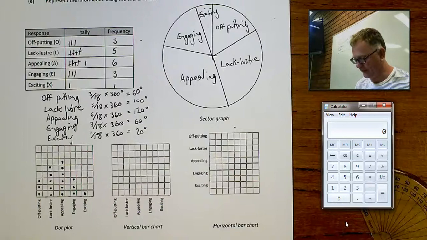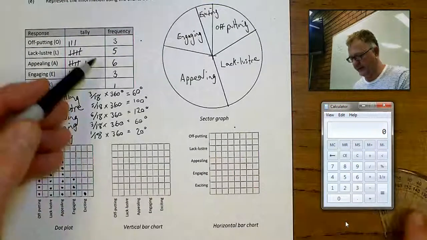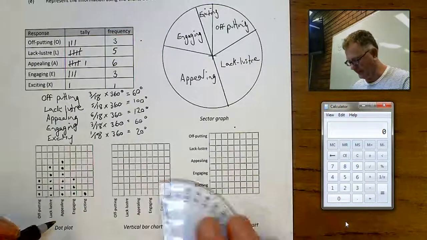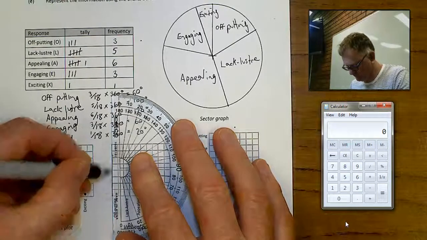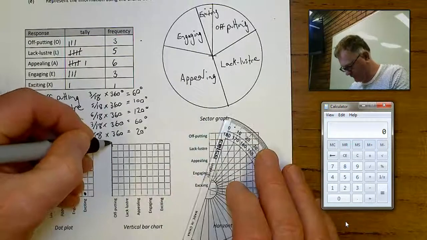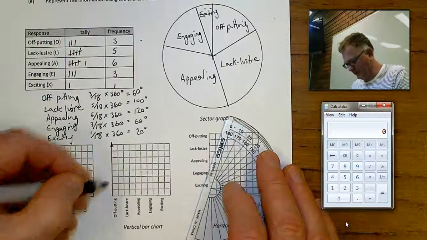A vertical bar chart, and so we're just going to get these titles again here. It's probably a good idea to have an axis here.